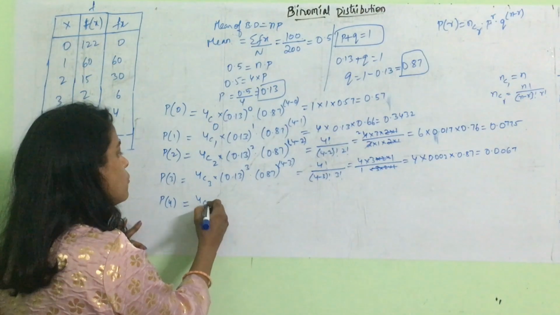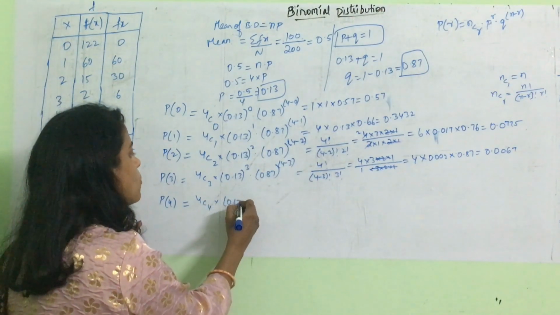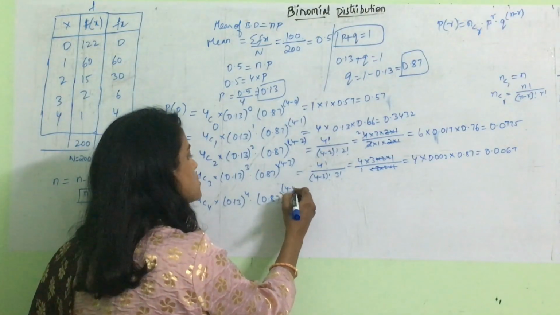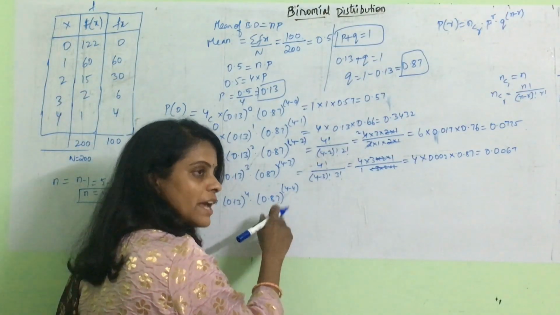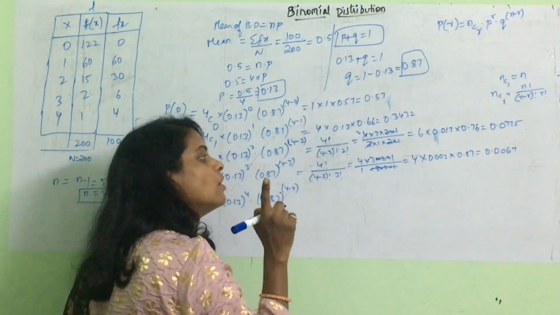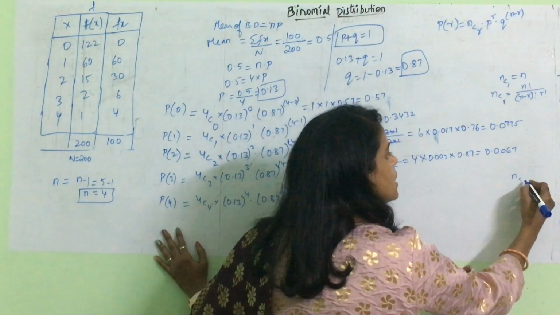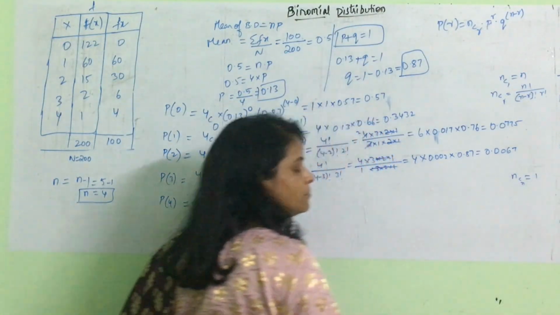So what is P(4)? 4C4 into 0.13 to the power 4 and 0.87 to the power 4 minus 4. 4 minus 4 is 0. Anything to the power 0 will become 1. And 4C4, nCn will become 1.